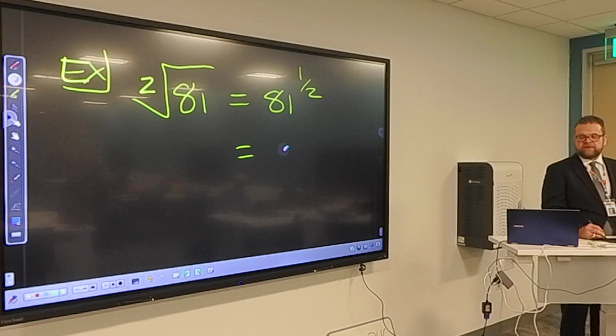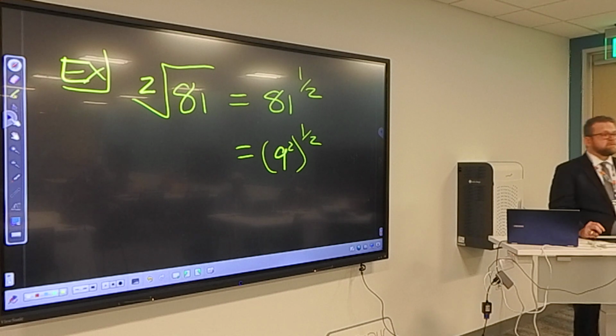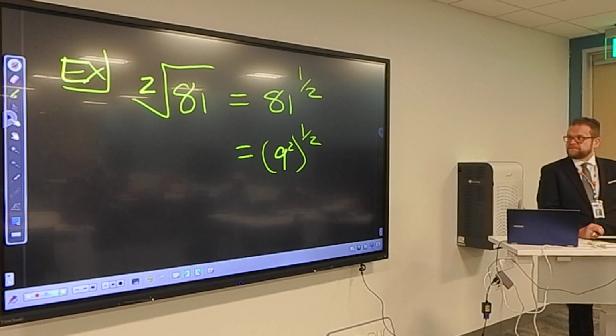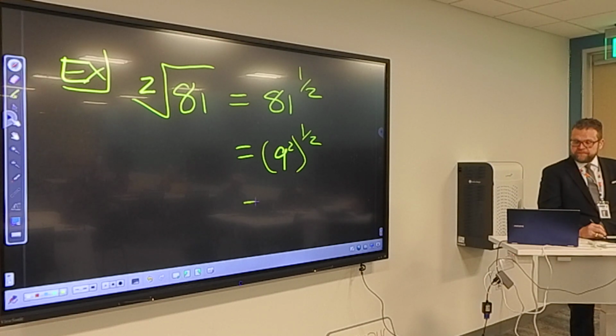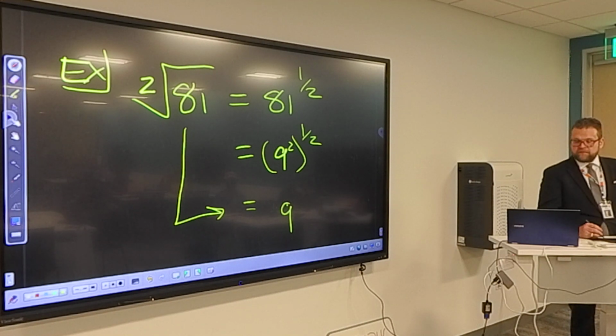I know that 81 is 9 squared. And then if it's to the 1/2 power, I'd have the 1/2 out here. And when you have this sort of arrangement of exponents, what do you do with them? Multiply. And what's 2 times 1/2? So this is 9 to the 1 power. And you can see that, sure enough, this is working just fine, because the square root of 81 must be 9, since 9 squared is 81.